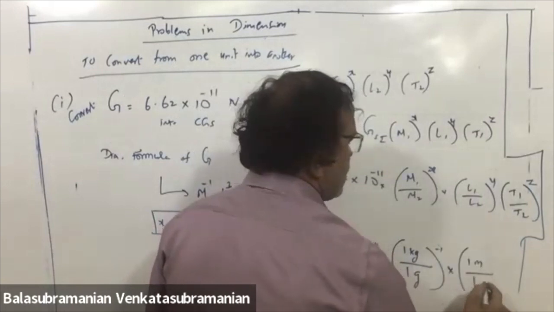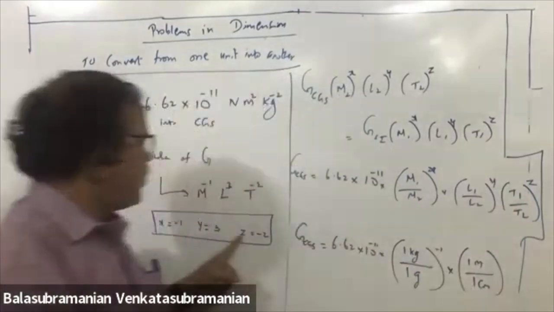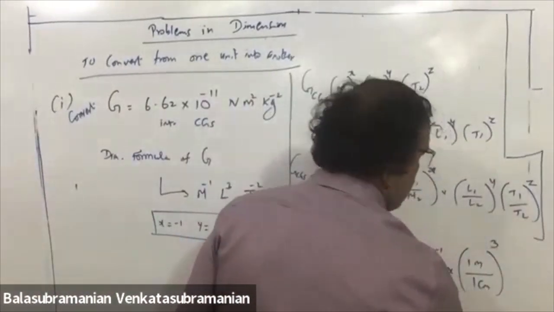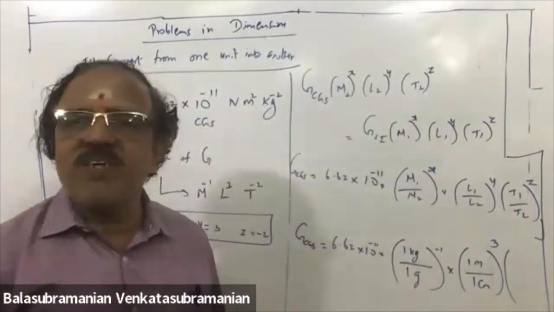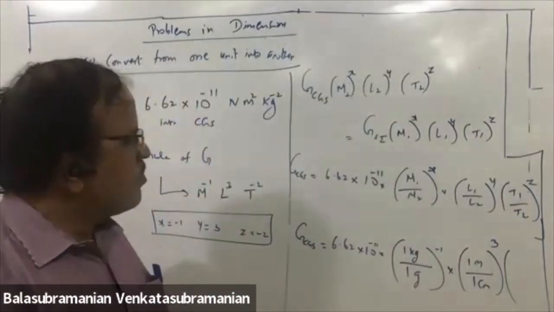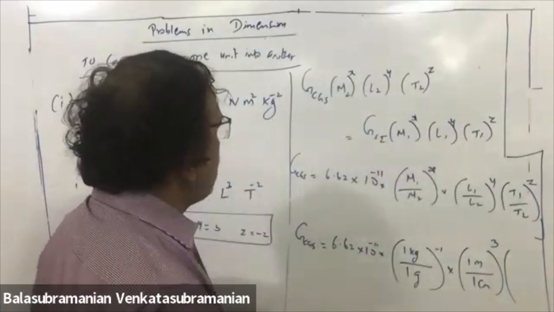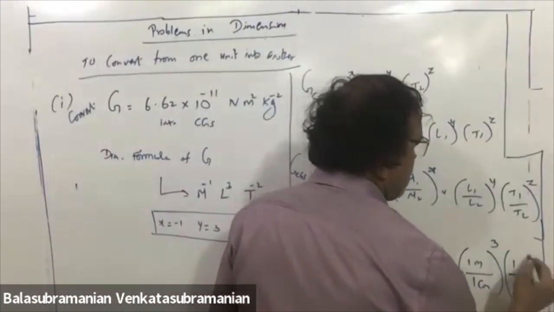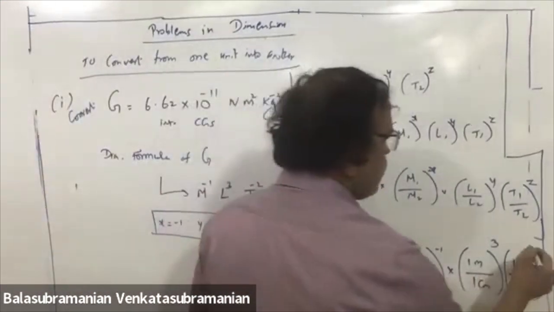This is 1 centimeter. Power Y. What is Y? 3. T1 by T2 power Z. T1 in seconds, T2 is also in seconds. 1 second by 1 second. Power Z. What is Z? Minus 2.